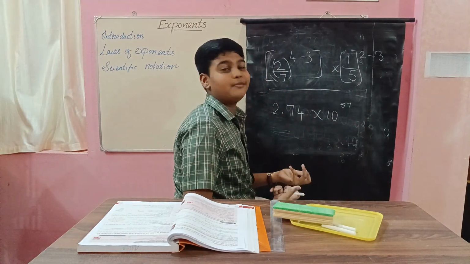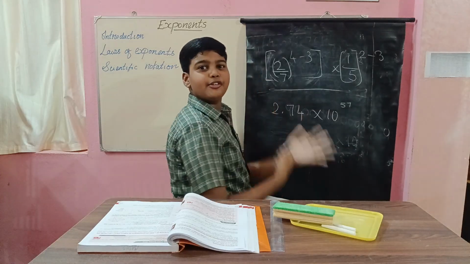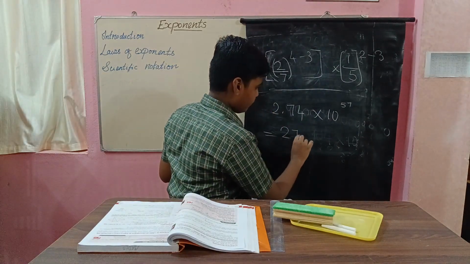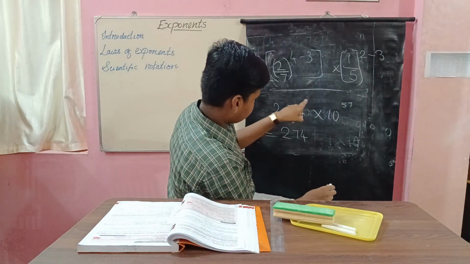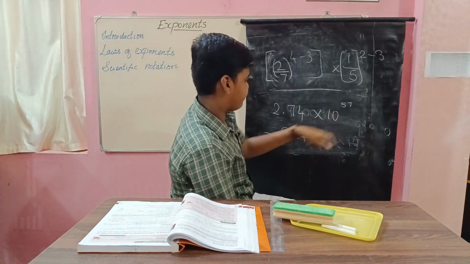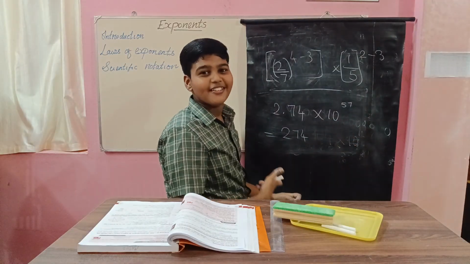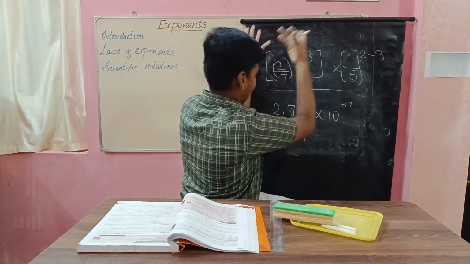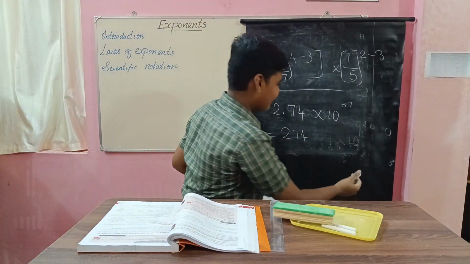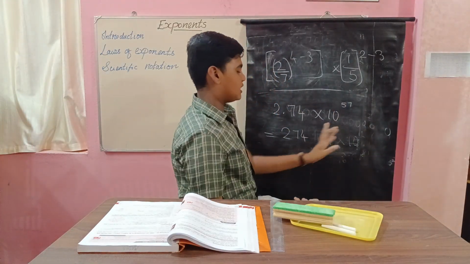In scientific notation, what we should do is write 274 as usual. The decimal is after 1, 2 places. 57 minus 2 is 55, so 55 zeros you should put. But I can't do that because I would need 5 or 6 of these blackboards. It goes on; that means many zeros you need to put.